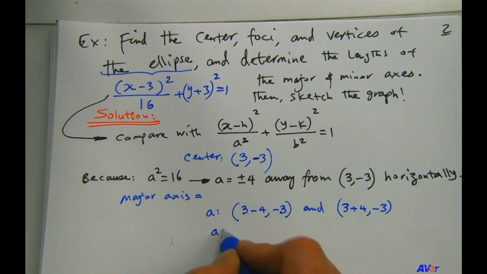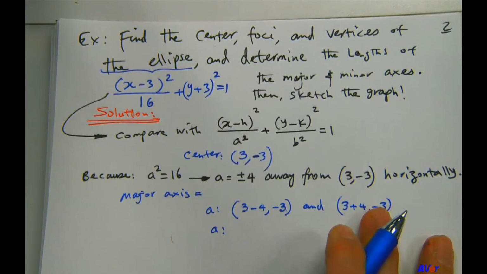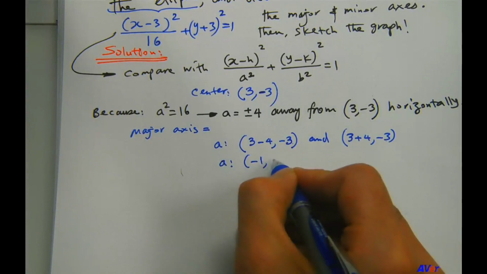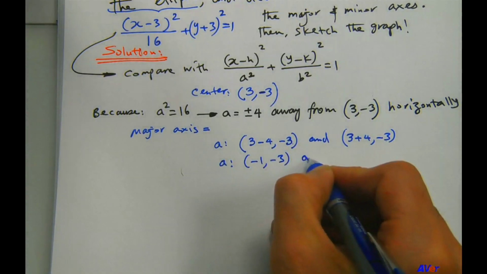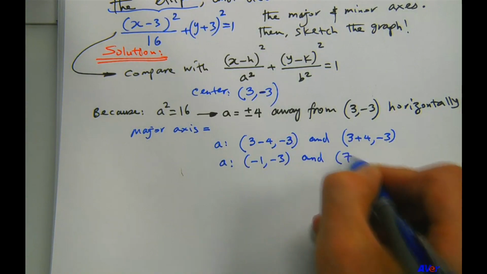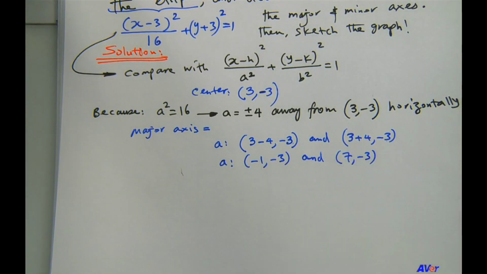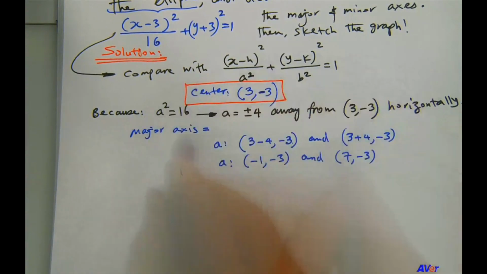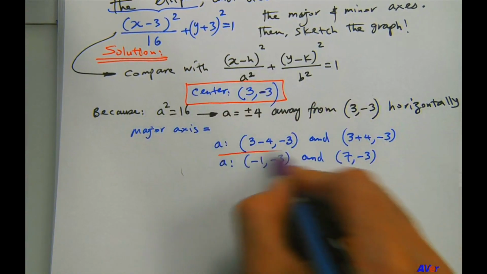Okay, so the vertices should be at (negative 1, negative 3) and (7, negative 3). And let me box this. So that's the center. These are the things that they've asked us. That's the major axis.